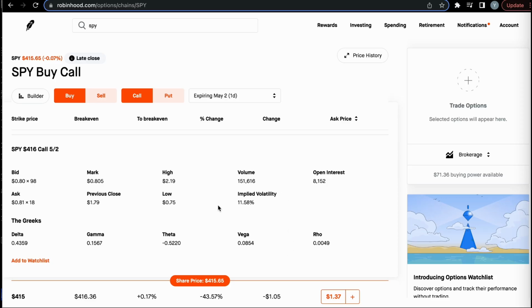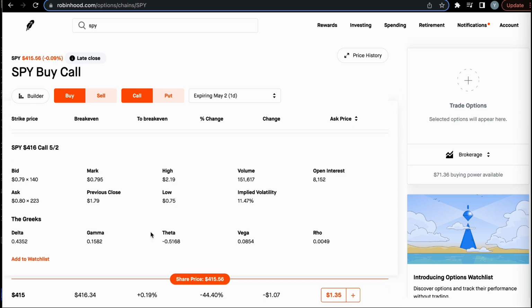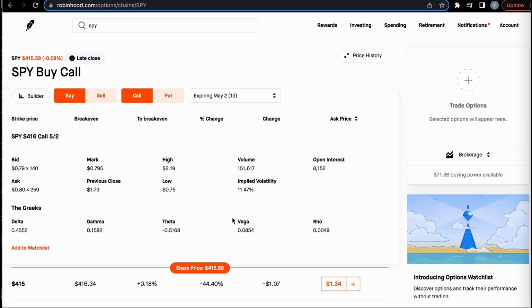Let's talk about the Greeks. When you open up a contract here, you can see the Greeks down here. There are two main Greeks that I always look at, and I think everyone should at least understand. That is delta, and delta measures how much an option's price will change for every $1 movement in the underlying price of the stock.